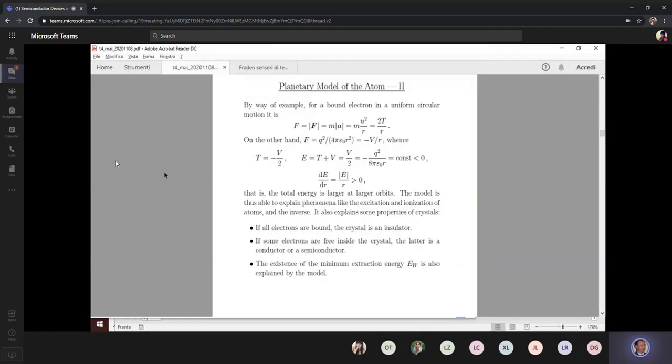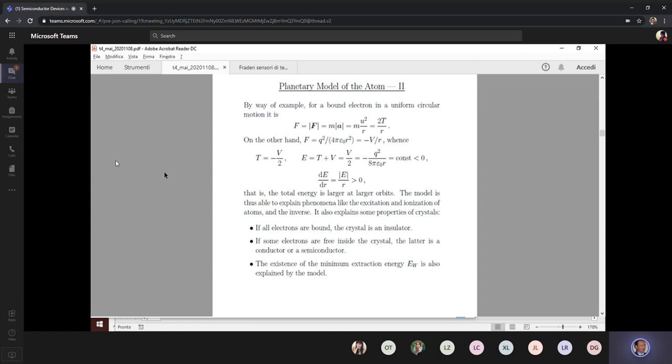If you consider a circular motion, we can adopt some formulas that apply to the circular motion that are very instructive. In a circular motion, you remember the centripetal acceleration is equal to the square of the velocity divided by the radius.